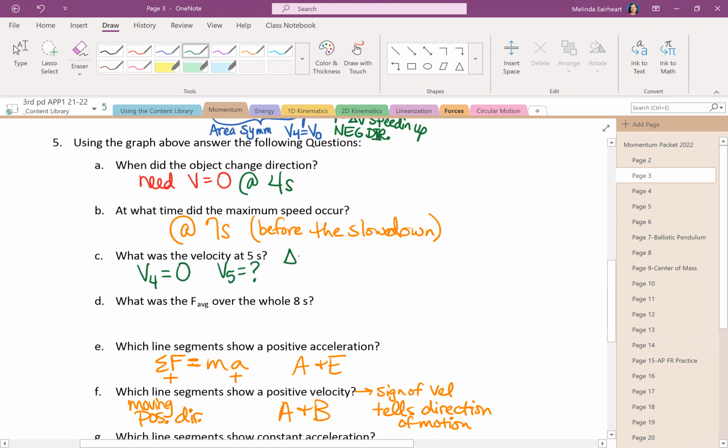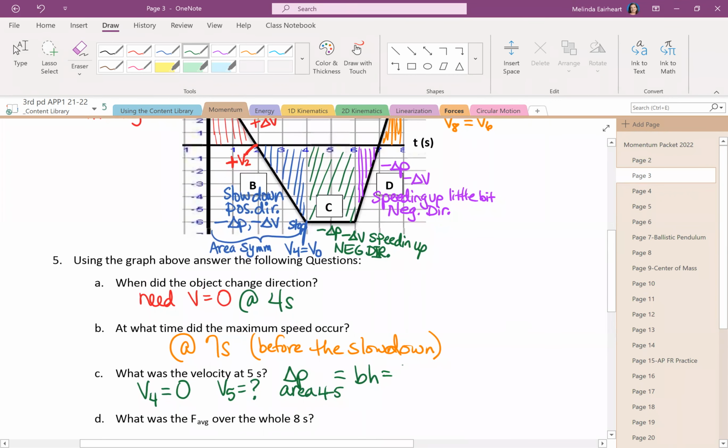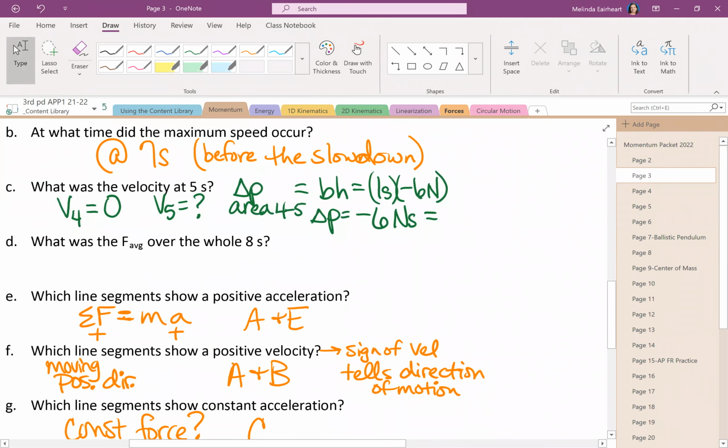And so I need the area from 4 to 5 seconds. And it's a rectangle, okay, base times height, a base of 1 second times a height of -6 newtons. We will get an impulse of -6 Newton seconds. That's not our answer. That's not a velocity. Now what do I equate that impulse to?